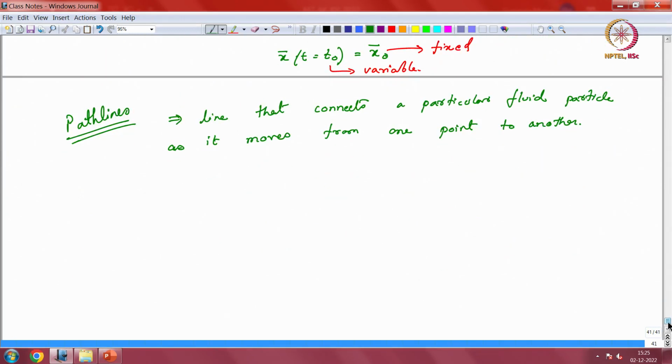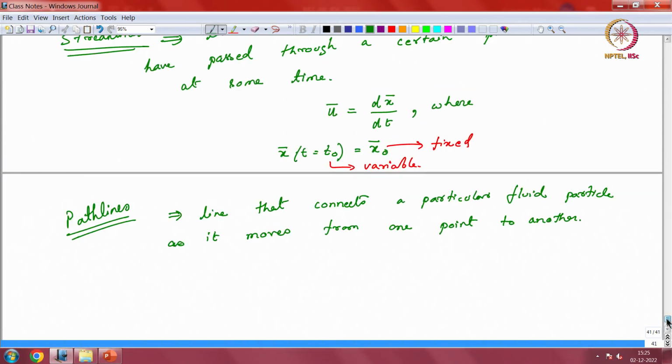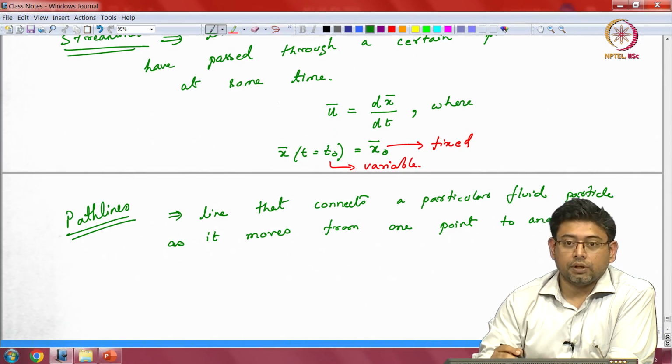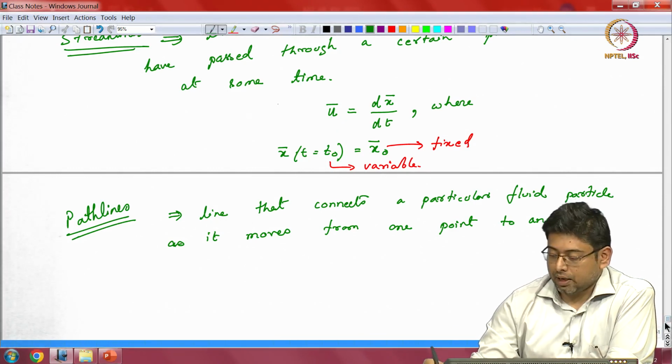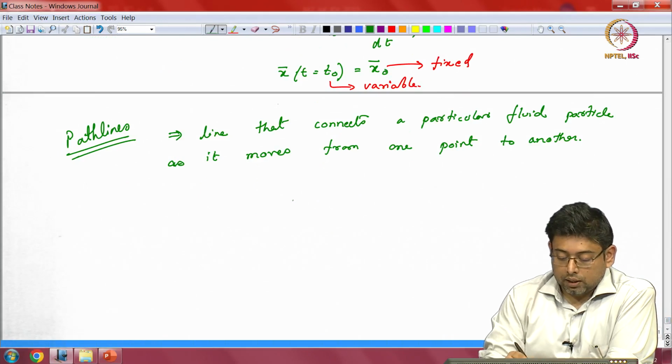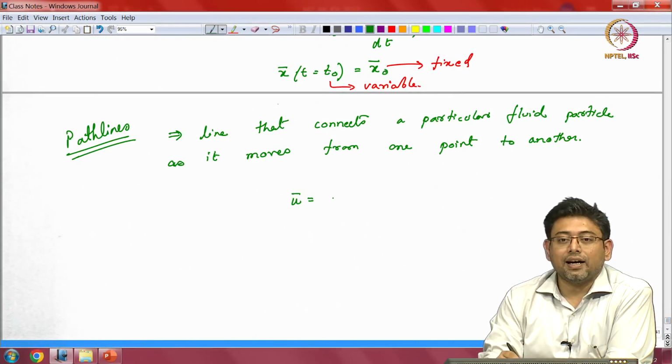Now, I'm referring to a fluid particle again simply because if it's a massive particle, then you will actually have to solve the entire equation of motion, and you cannot just equate the velocity of a massive particle to the Eulerian velocity field at that location, because they need not be the same. But if it's a fluid particle of the same density, of everything the same, then they will be equal. So the governing equation in this case is exactly the same.